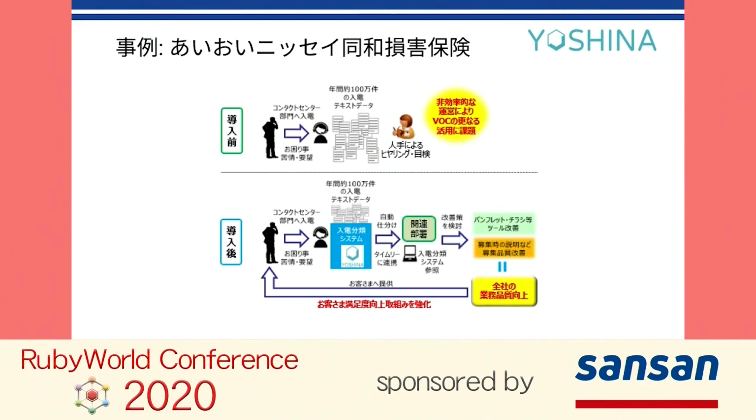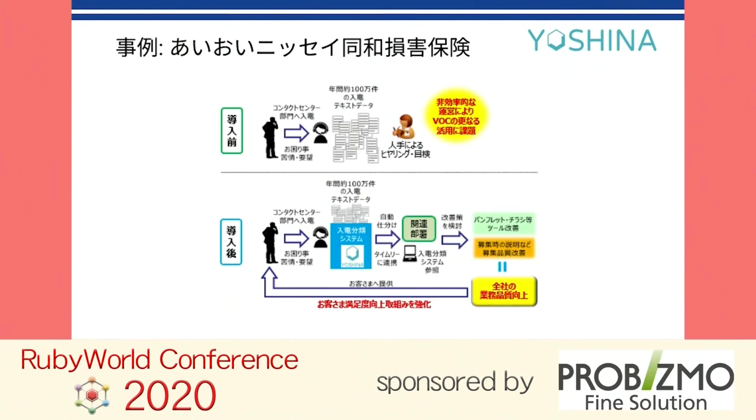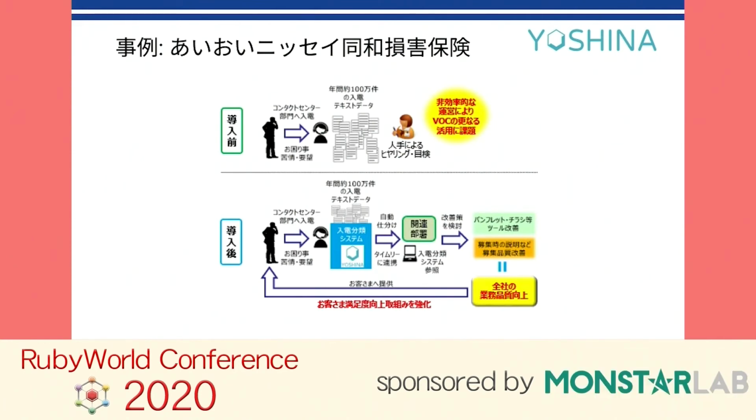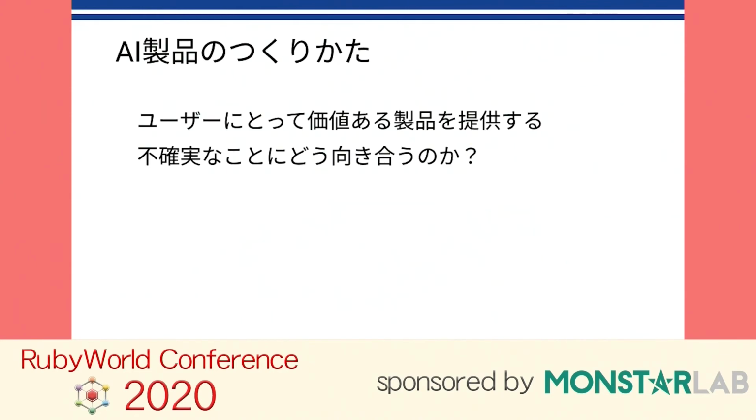And this is the example of Aioi Nissay Dowa Insurance Company. This case was about introduction of Yoshina to the call center. They receive 1 million data at a call center every year. They try to use this data to improve their quality of service.